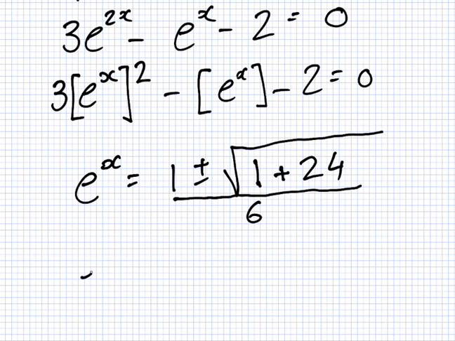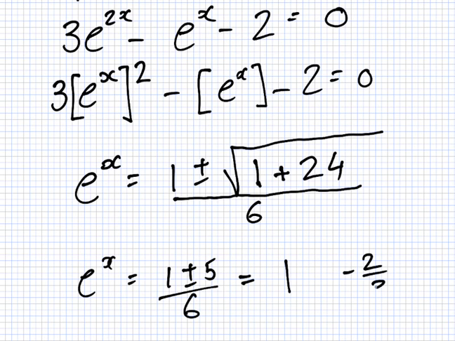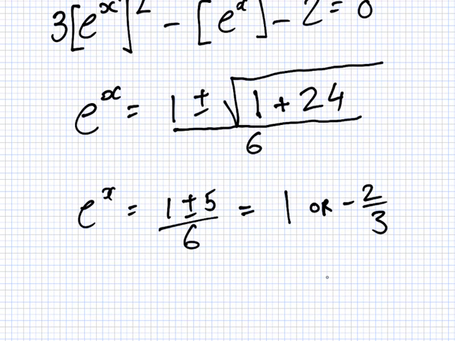So you get e^x equals 1 plus or minus 5 over 6. So if I took the plus first, that would be 1, and if I took the minus second, 1 minus 5 is minus 4, so it would be minus 2/3. So I get e^x equals 1 or minus 2/3.